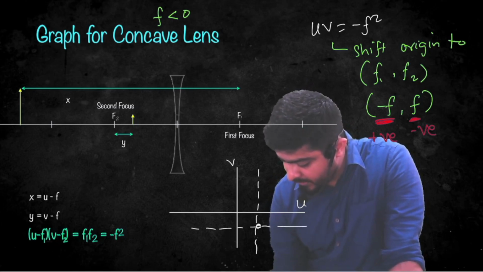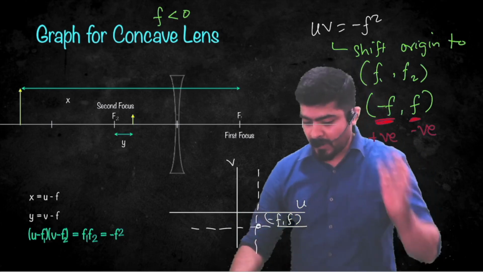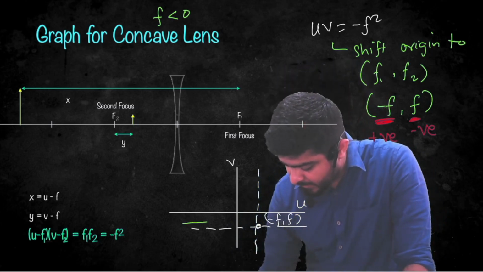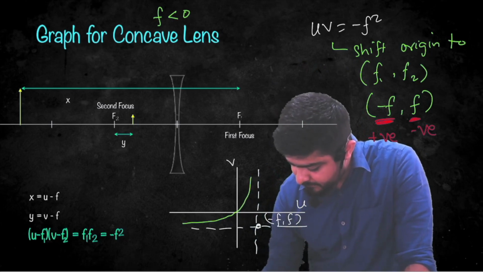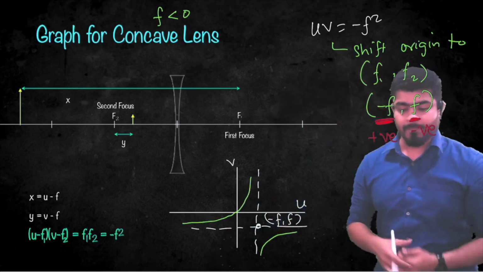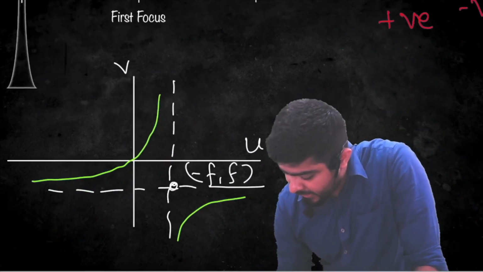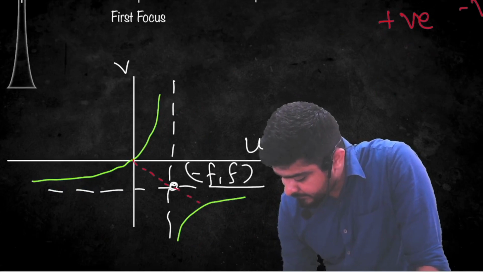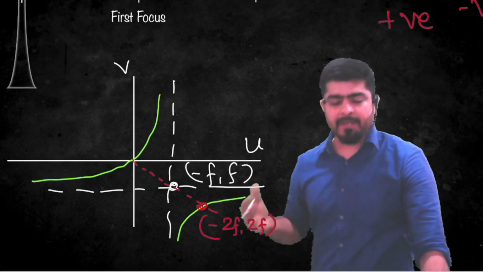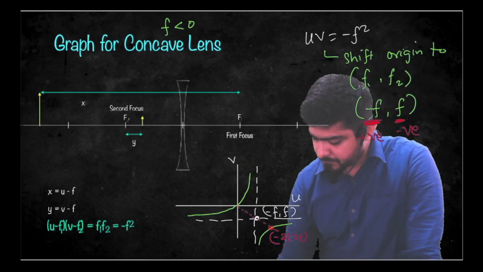This is my point minus f comma f, but f itself is negative. So now when I draw my graph, the graph again passes through origin like this, and this will be my rectangular hyperbola. And again when you join the origin and the shifted origin, this will be my point minus 2f comma 2f. Obviously my graphs are not accurately drawn. I will show you them again on the Desmos.